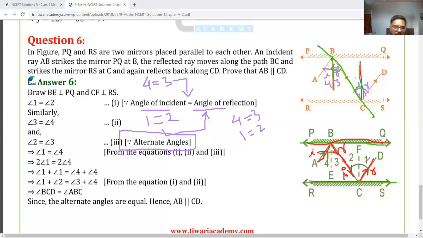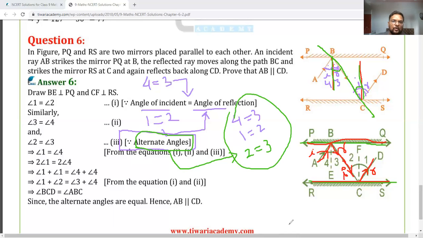So angle 2 is equal to angle 3, using alternate interior angles. Using all these three, as shown here, 1 is equal to 4. You can check it here. 1 is equal to 2, 2 is equal to 3, and 3 is equal to 4. So we can write that 1 is equal to 4.